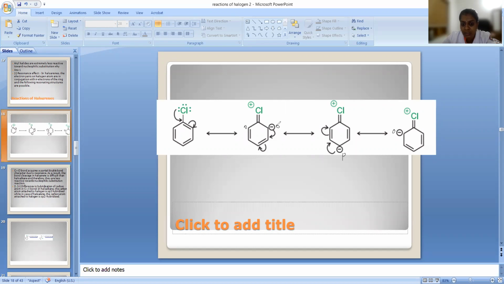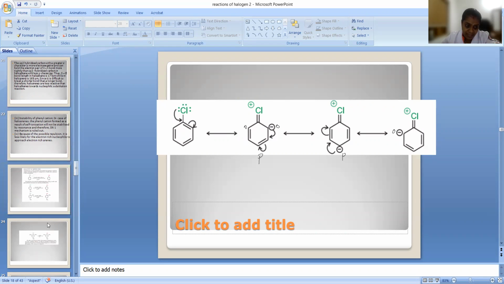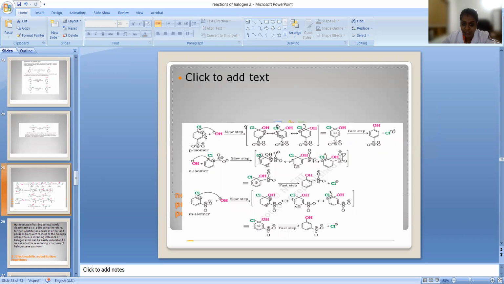At these two ortho positions and this para position, the negative charge is shifting, so the electron density is concentrating more there. If you place an NO2 group there, it has the ability to withdraw electrons, so the nucleophilic substitution reaction will take place easily.